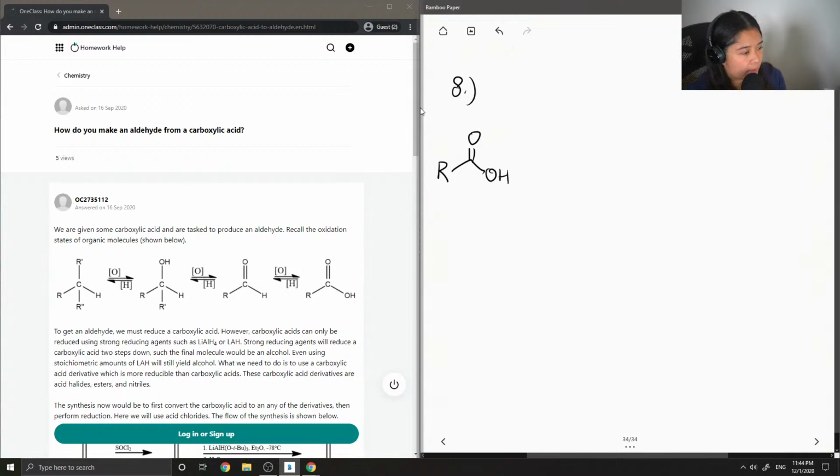The reagents that you might use to reduce a carboxylic acid would be like lithium aluminum hydride. However, those reducing agents are too strong and they'll reduce your carboxylic acid straight to an alcohol. So to actually reduce a carboxylic acid to an aldehyde, we're going to add an extra step. So this will take place in 2 steps.